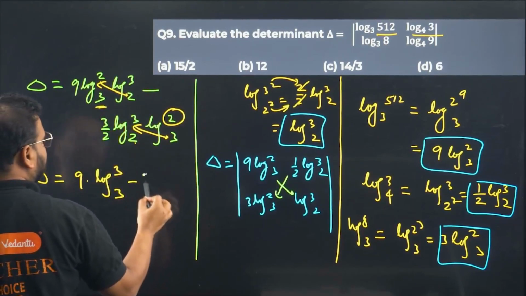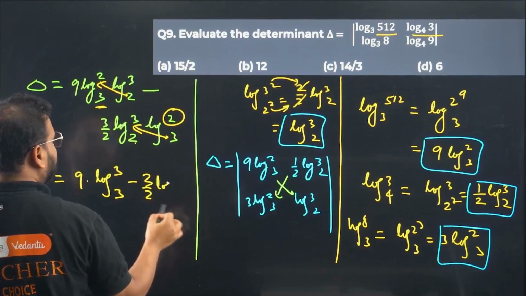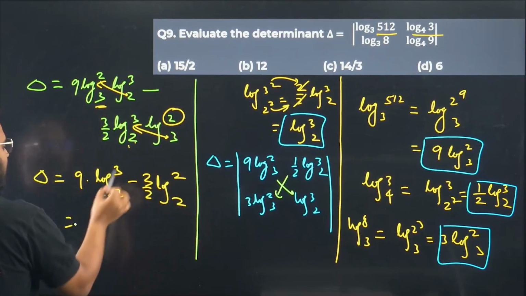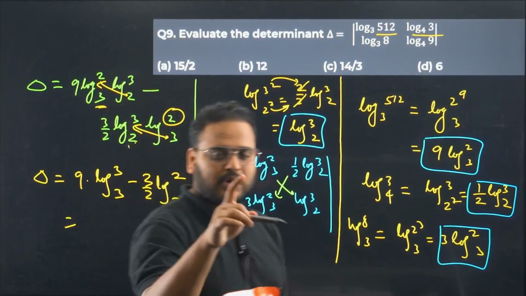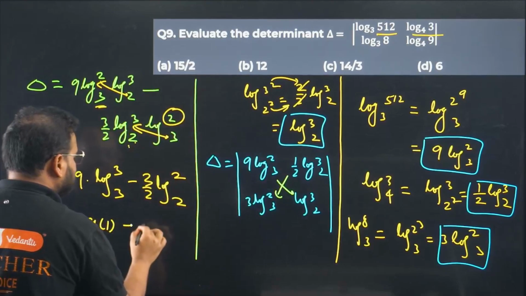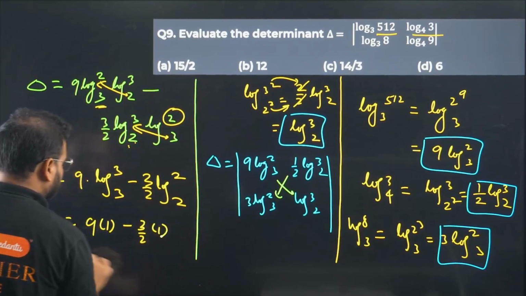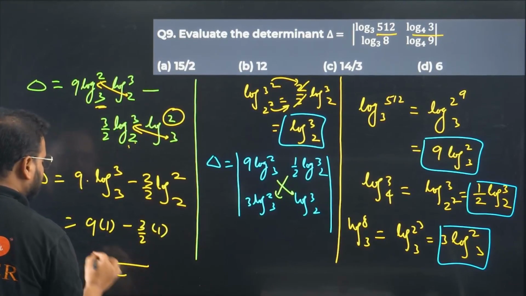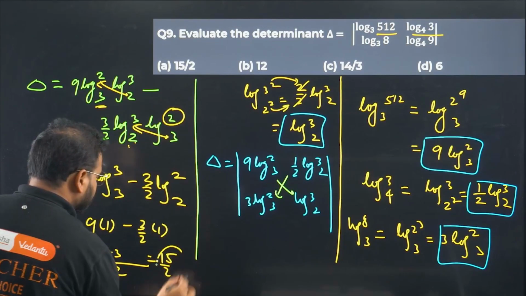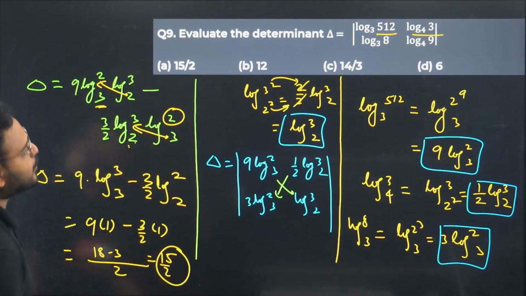Minus sign, again 3 by 2 will come, log of this number 2 with the base of this number 2. Log a with the base a, what is the answer? 1. Log a with the base a is 1. Hence the answer is going to be 9 into 1 minus 3 by 2 into 1. Take LCM, LCM is 2, 9 2s are 18, minus 3, answer is 15 by 2. Answer is 15 by 2, option A is correct.